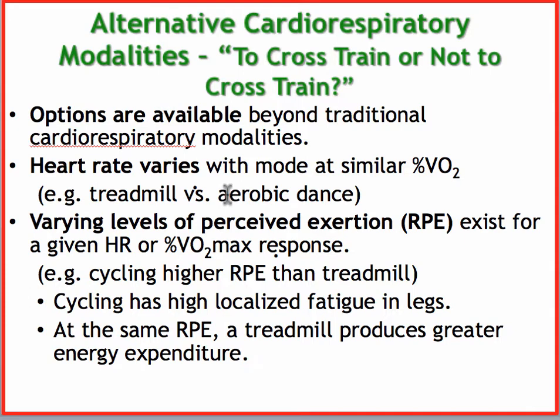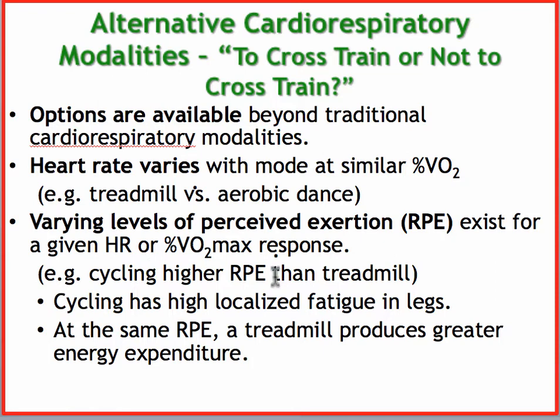What you'll also find is that at the same heart rate or the same oxygen consumption response, you find different levels of perceived exertion. So remember, relative perceived exertion is a subjective assessment of exercise intensity.